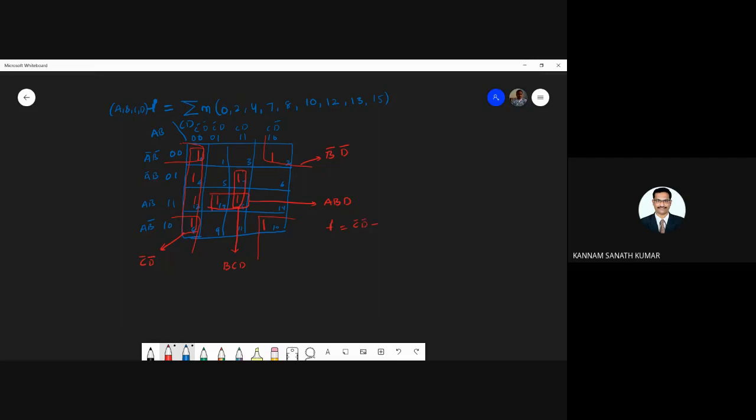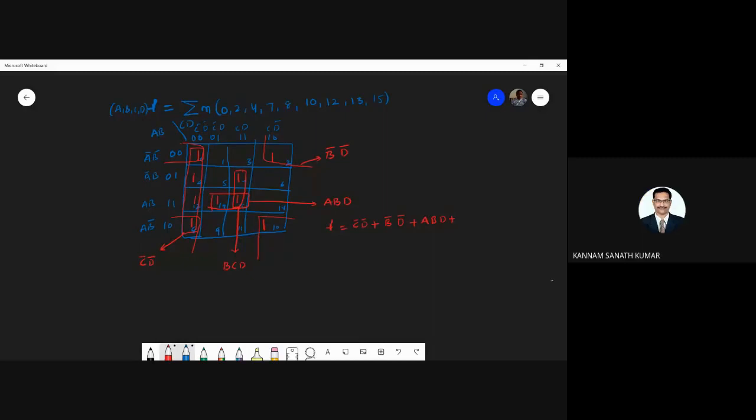C bar D bar plus B bar D bar plus A B D. Any doubt? Sir, second term, won't it be B bar C D bar?